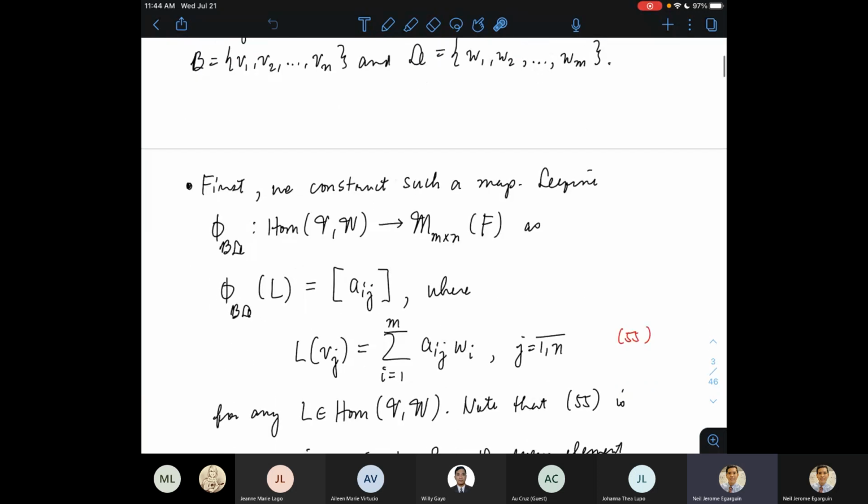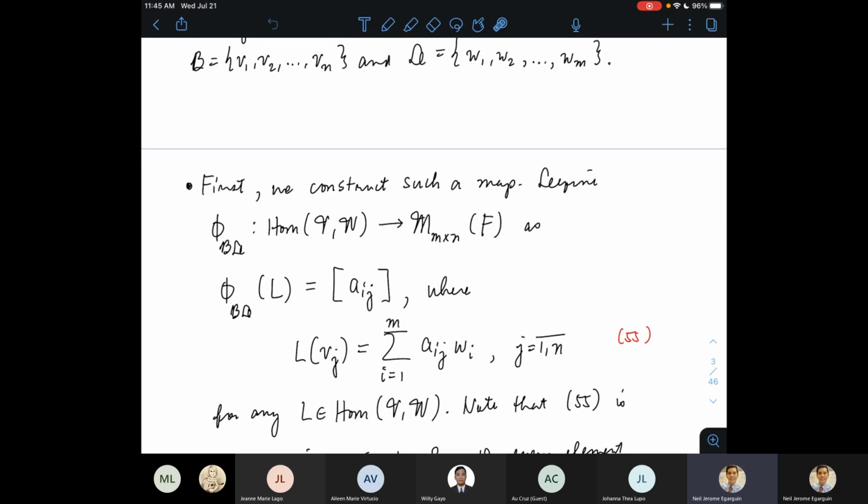And then again, it's a proof by construction. So the first thing we need to do is to construct the map, right? So here I'm claiming that the map that will take a linear transformation, right? Because the isomorphism we claim to exist is from the set of all homomorphisms onto the set of all matrices. Then kailangan ko ipakita how this isomorphism will act on a linear transformation. So I'll take an element of the domain, call it L. So ano kaya yung posibleng image ng linear transformation?